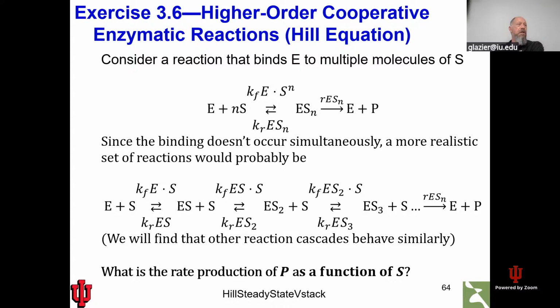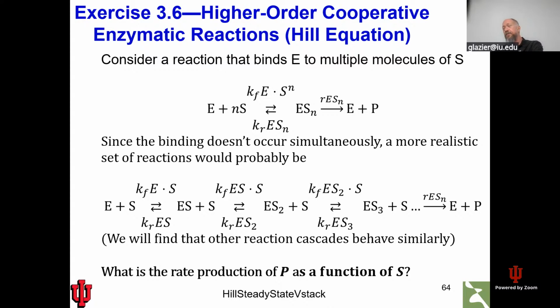And if you don't want to use N as a variable to begin with, you could just make N equals 4. That's a good choice. And so you could say E plus 4S goes to ES at a rate KF times E times S to the 4.